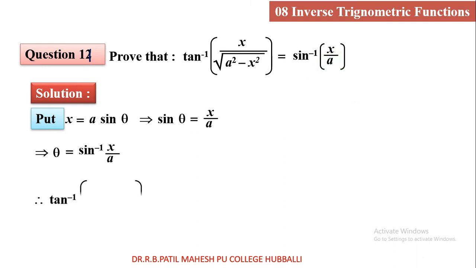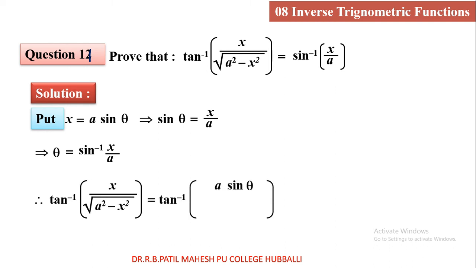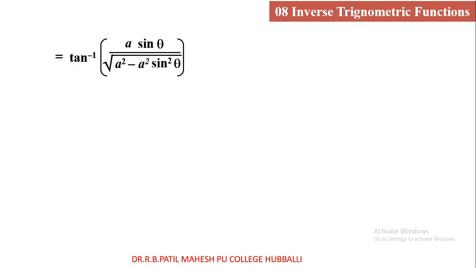Now consider LHS. Tan inverse of x upon root of a square minus x square. Now substitute x value as a sin theta both in the numerator and in the denominator. So root of a square as it is minus x square will be a square sin square theta. So simplification of the expression, tan inverse of a sin theta as it is in the numerator. Here in the denominator a square common, so 1 minus sin square theta.